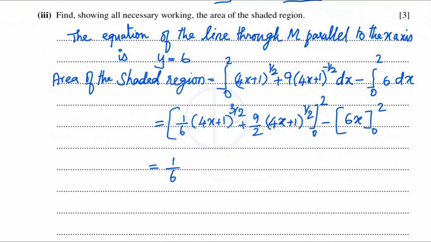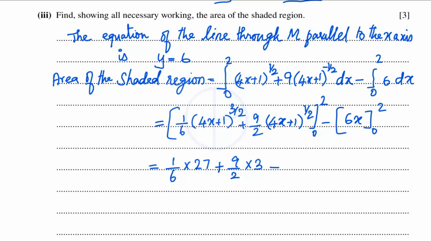First let's substitute the upper limit 2. 4 multiplied by 2 plus 1 is 9. 9 power 3 over 2 is nothing but 27. 9 over 2 multiplied by 9 power 1 over 2 is nothing but 3.